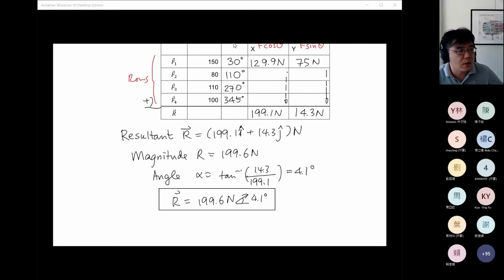Is this okay? Any problem with this sample problem? I'll give you a couple of minutes to write it down.